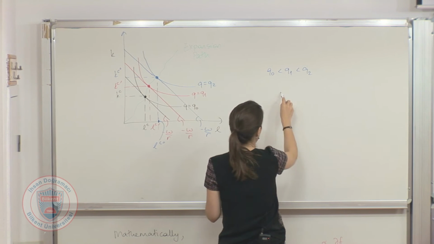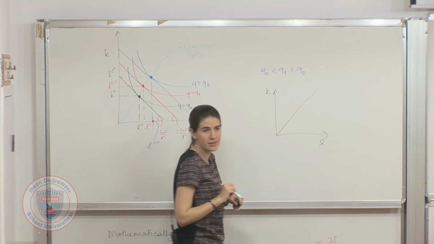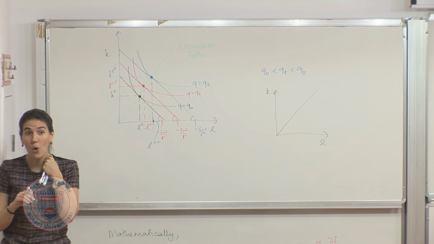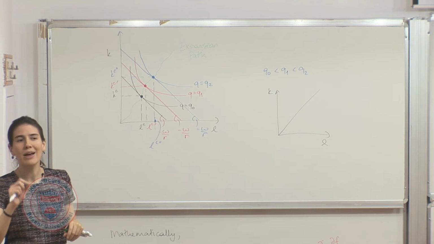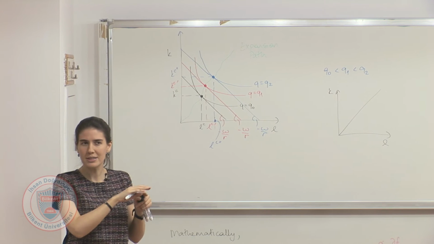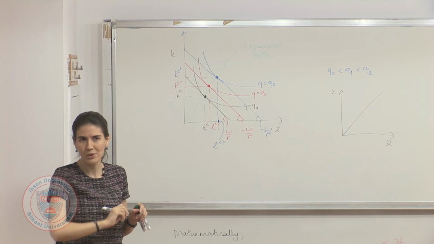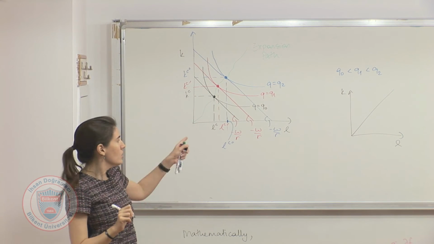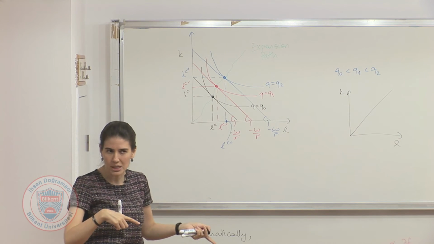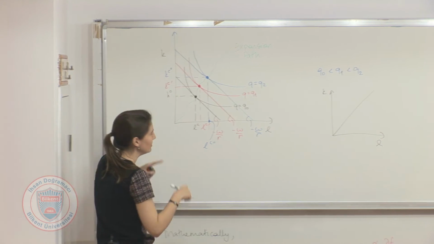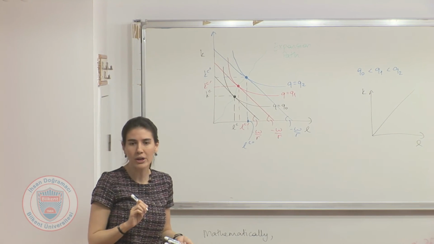When it is linear. We said homothetic, right? When the utility function was homothetic, the income expansion path was a ray going through the origin. Here, similarly, when the production function is homothetic, your expansion path would be a ray going through the origin.